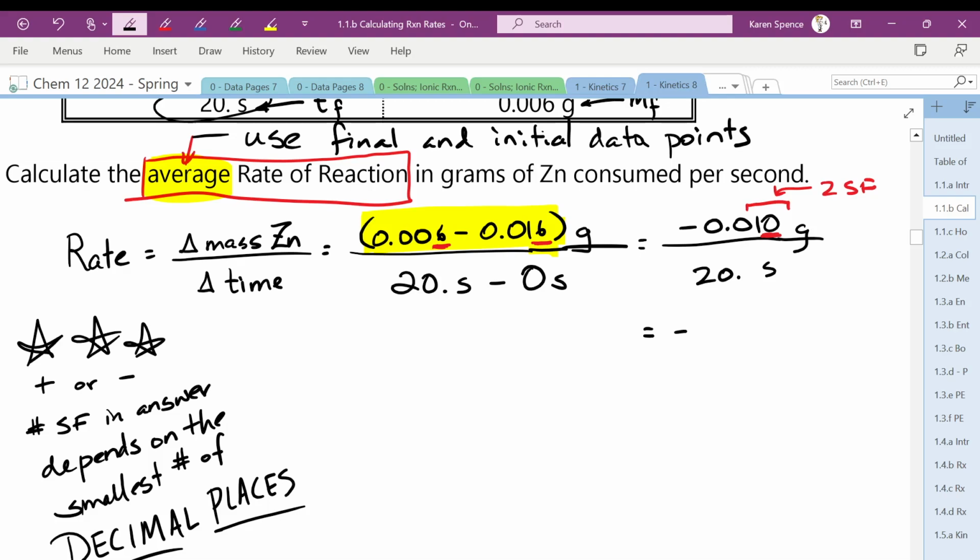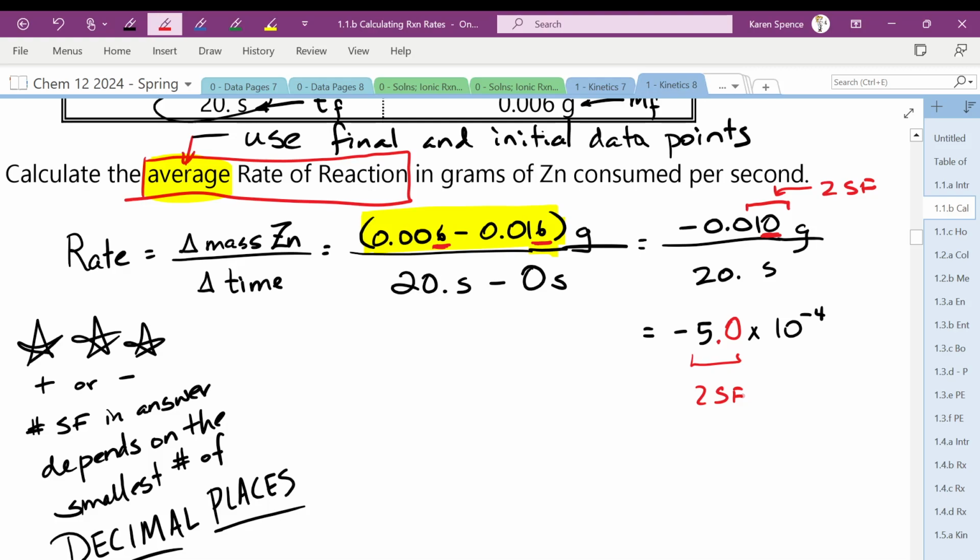And we get negative 5 times 10 to the negative 4. Sig figs? How many? 2, which means what do I need to do with my 5? Add a 0. So I'm going to have 5.0, which gives me 2 sig figs.